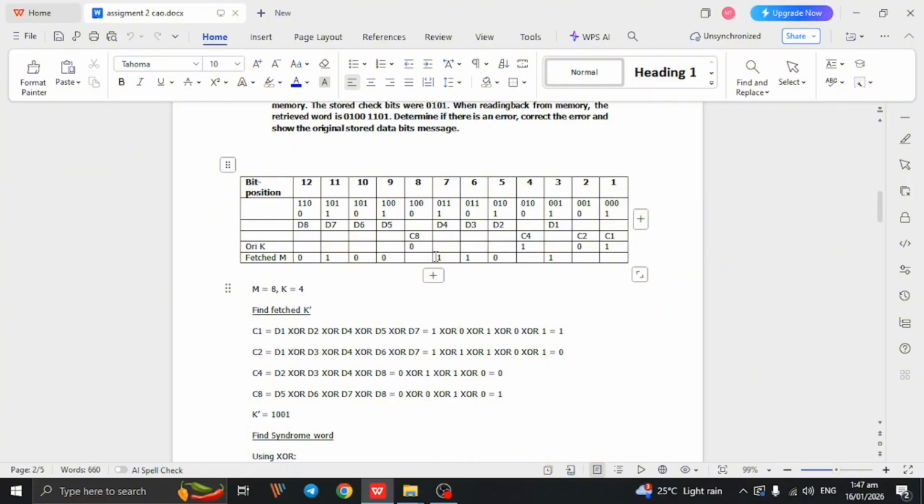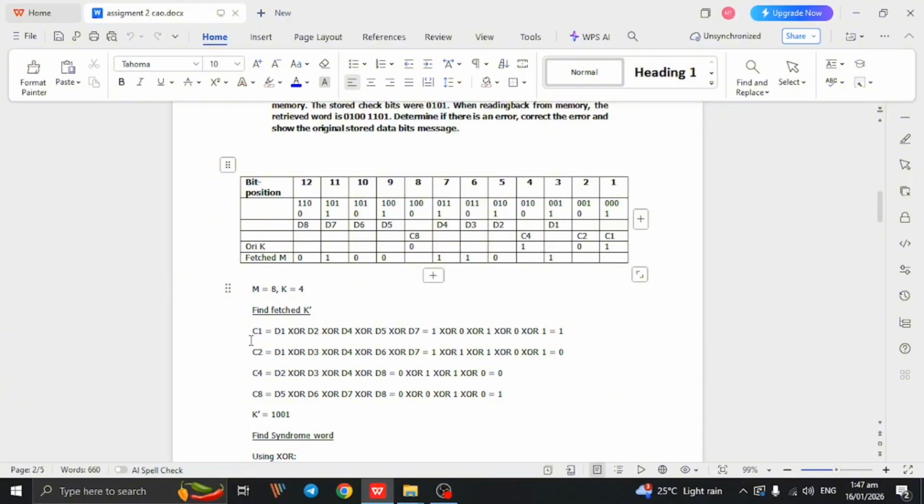So D1 XOR D2 XOR D4 XOR D5 XOR D7, and we see that 1 XOR 0 XOR 1 XOR 0 XOR 1 equals 1.